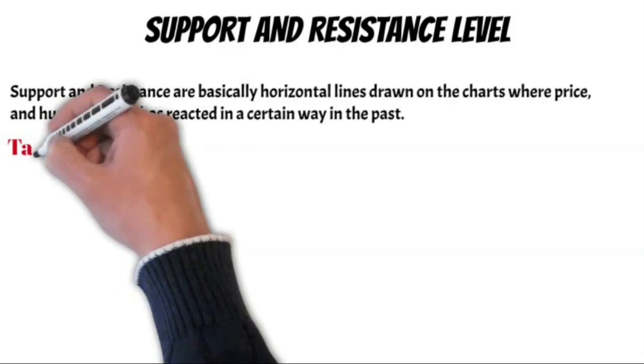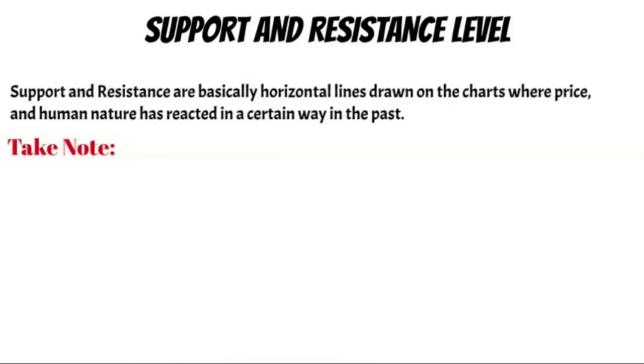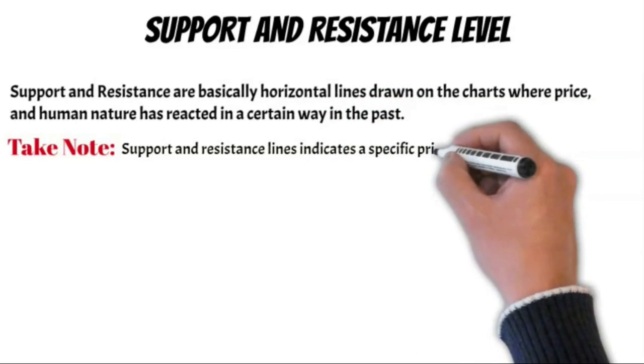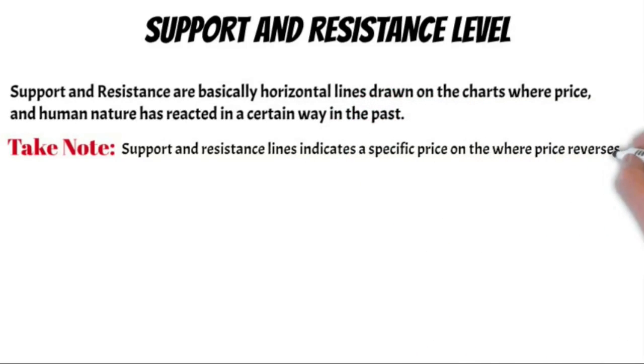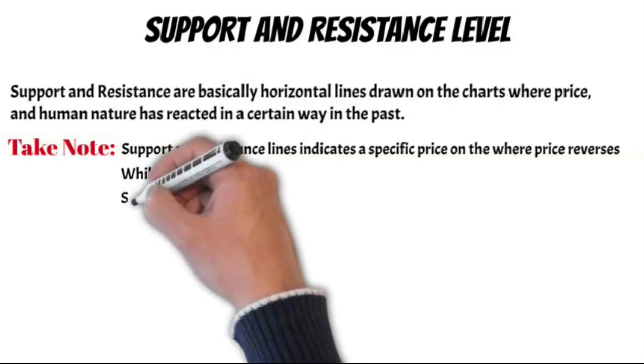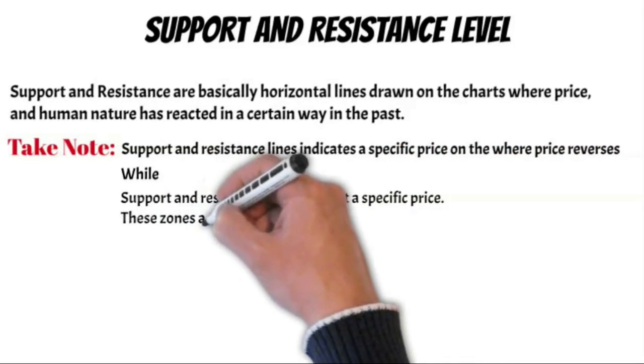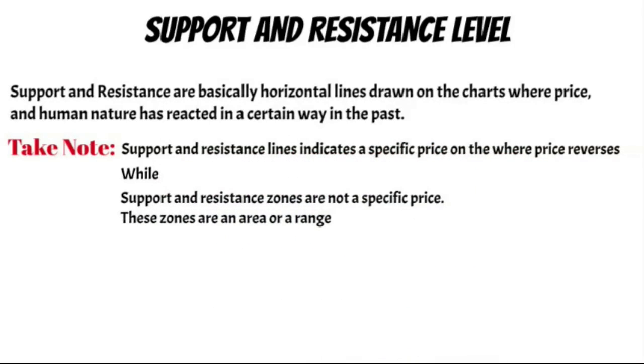I want you to take note of this. Support and resistance lines indicate a specific price on the chart where price reverses, while support and resistance zones are not a specific price. These zones are an area, or let's say a range.